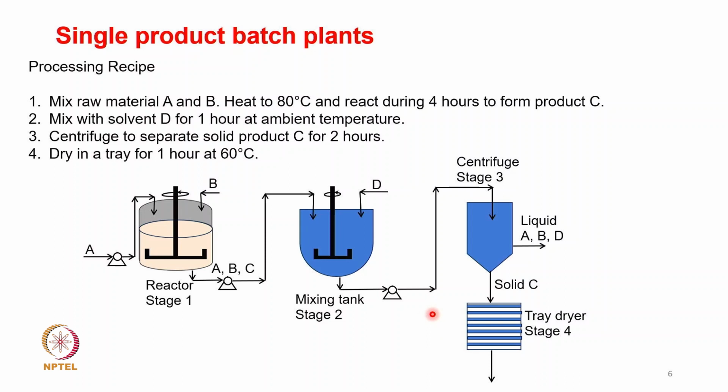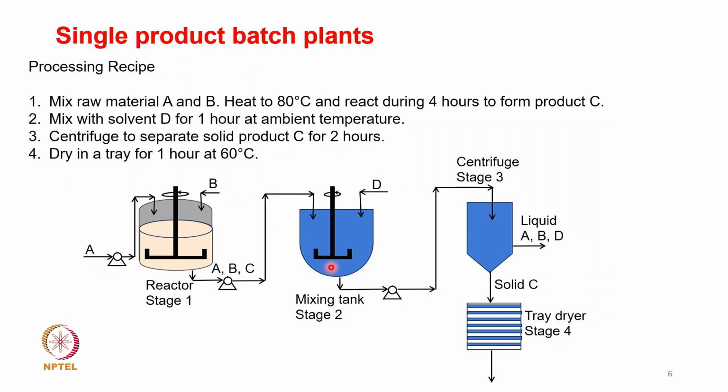We have a reactor wherein we mix raw materials A and B and we heat them up to certain degrees centigrade for a certain time. A and B would react to form C, which we entirely transfer to a mixing tank, wherein you add a solvent for better separation.